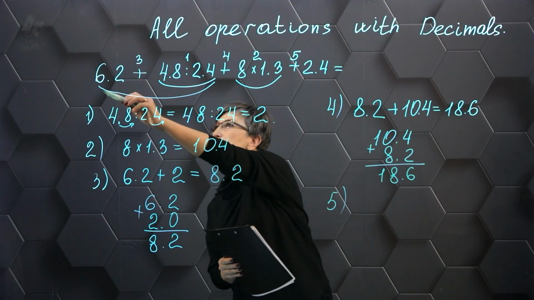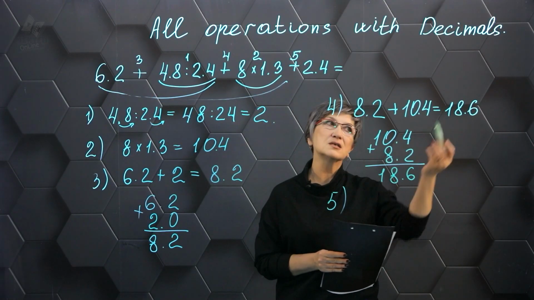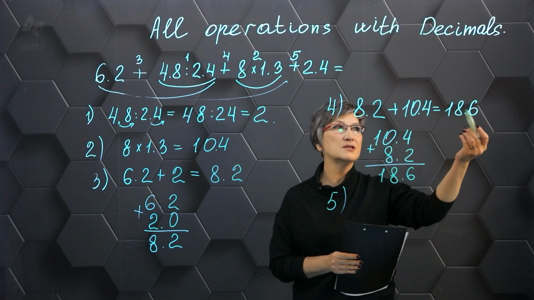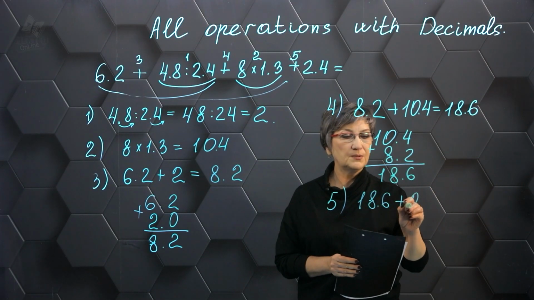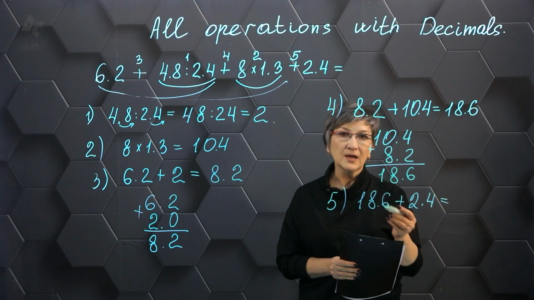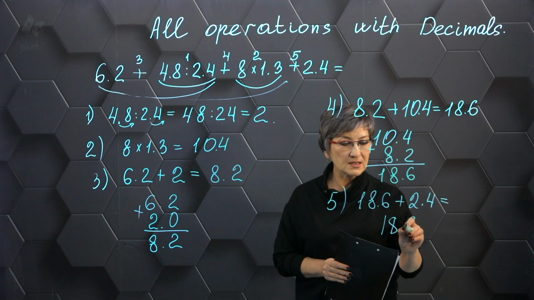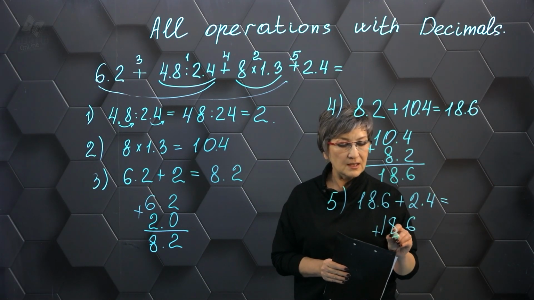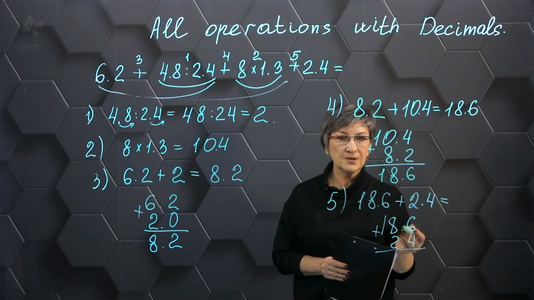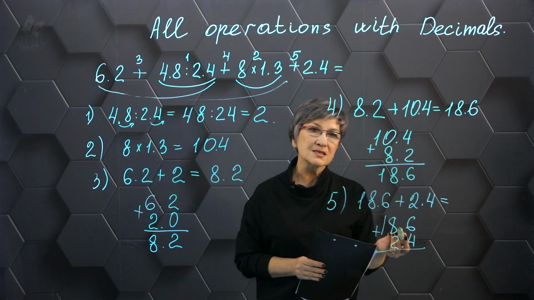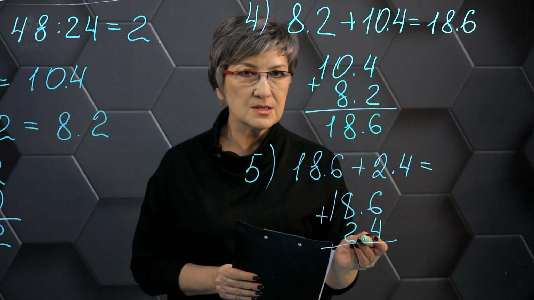Next, we must execute the fifth step. I have to add 2.4 to the result of the fourth action, which is 18.6. So 18 whole and 6 tenths plus 2 whole and 4 tenths. Be careful how you write down this action. The decimal point is under the decimal point.